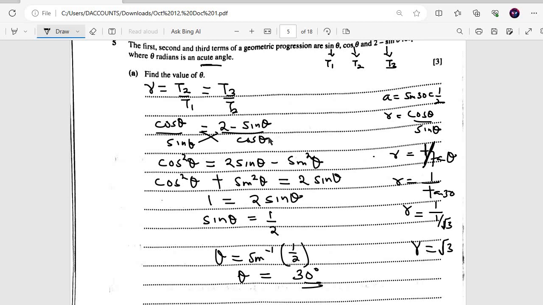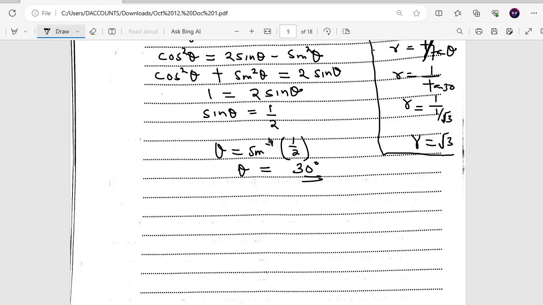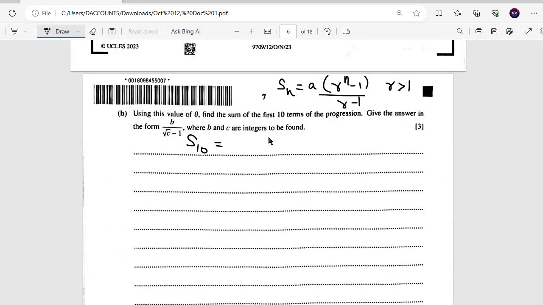So from the given terms, the first term is half and the common ratio is root 3. Take note of that. The sum is half times root 3 raised to the power 10 minus 1, all over root 3 minus 1. Make use of a calculator: root 3 raised to the power 10 will give us 243.